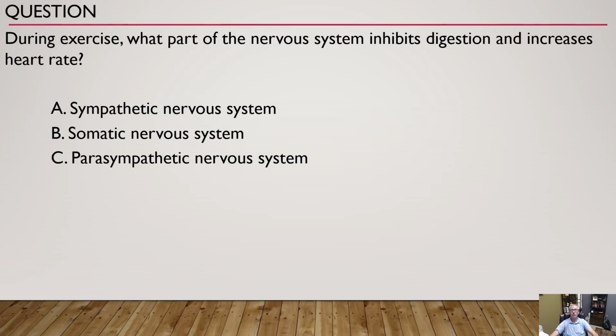All right, so during exercise, what part of the nervous system inhibits digestion and increases heart rate? So the easy one is increases heart rate. Increases heart rate would obviously be the sympathetic nervous system. You meet the bear in the middle of the woods, your heart rate goes up, that's your sympathetic nervous system.